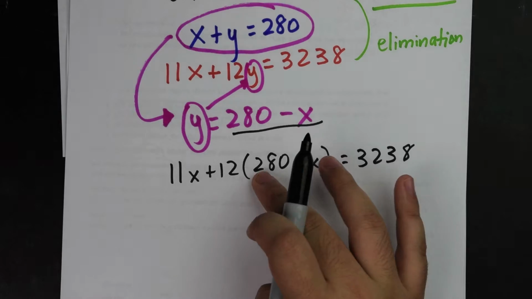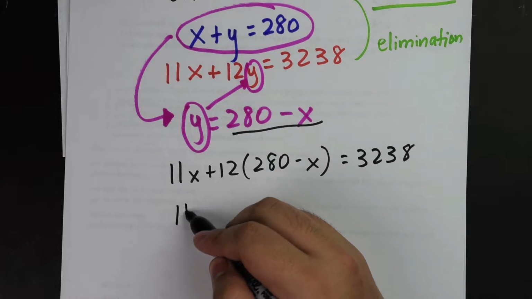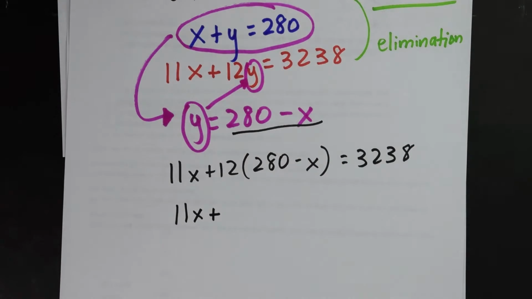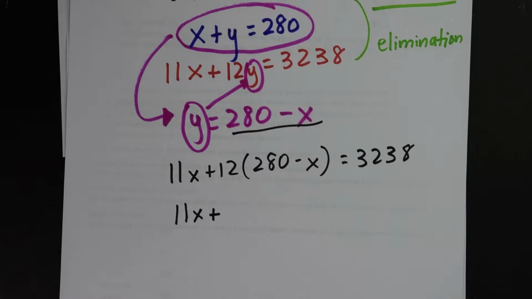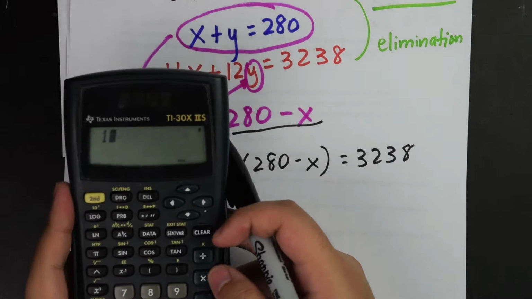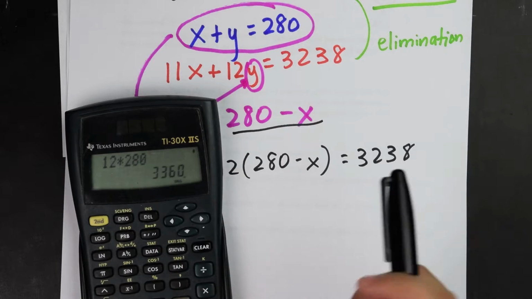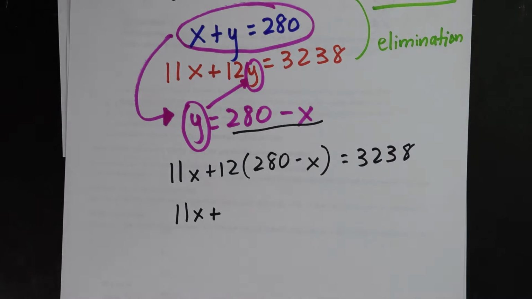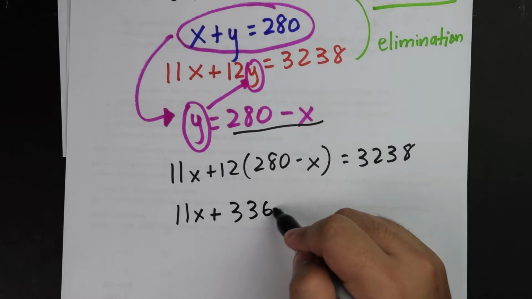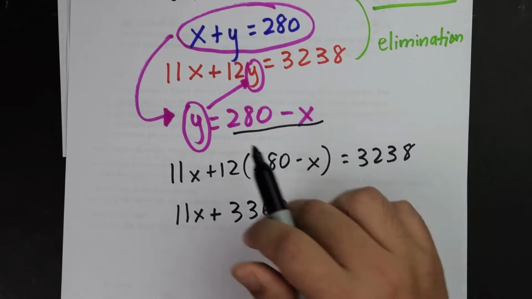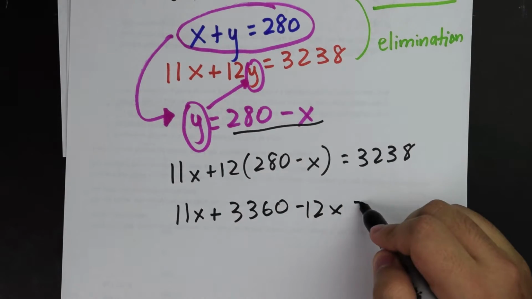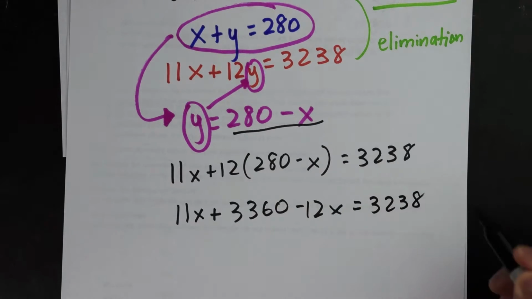Now I could go ahead and solve it out. So I distribute the 12 to both parts right here. It'll be 11x plus, and on the calculator I multiplied 12 times 280 and got 3360, so 3360 minus 12x, make sure you distribute to both parts, equals 3238.